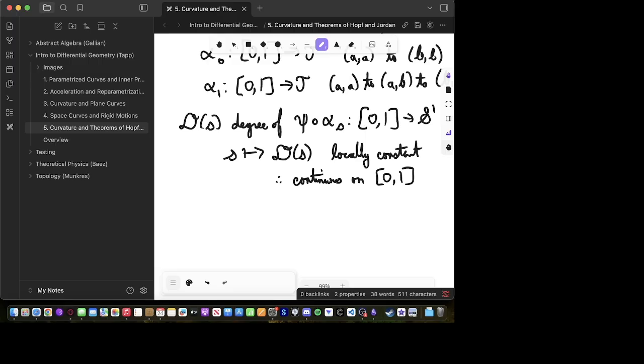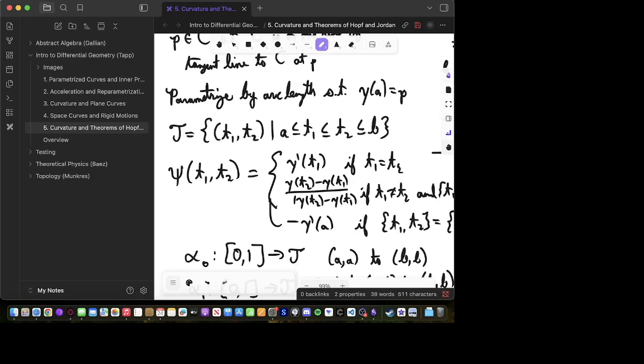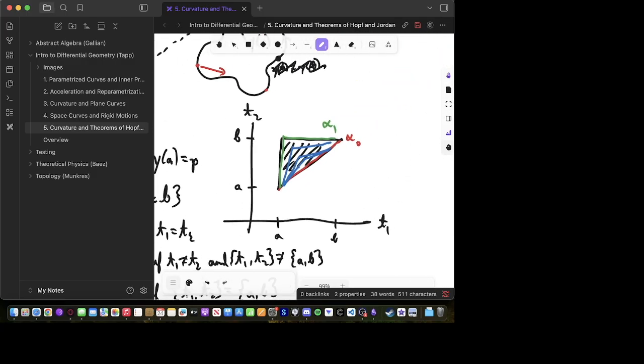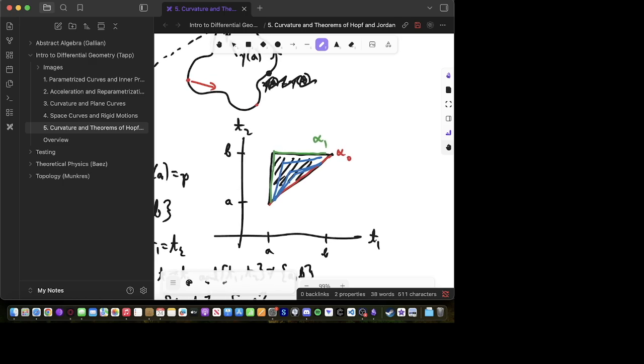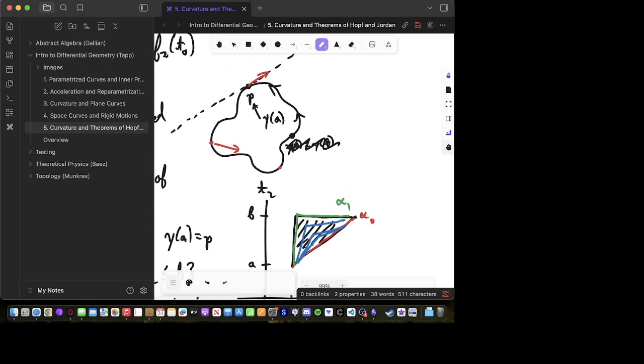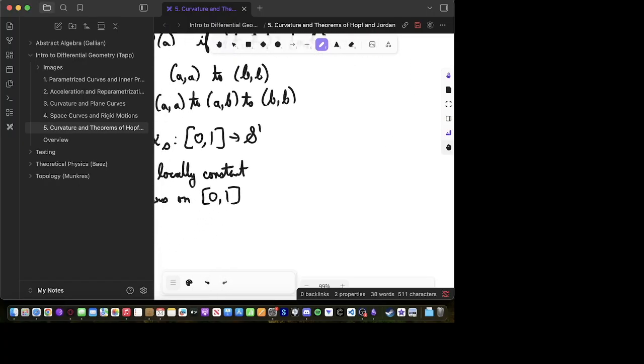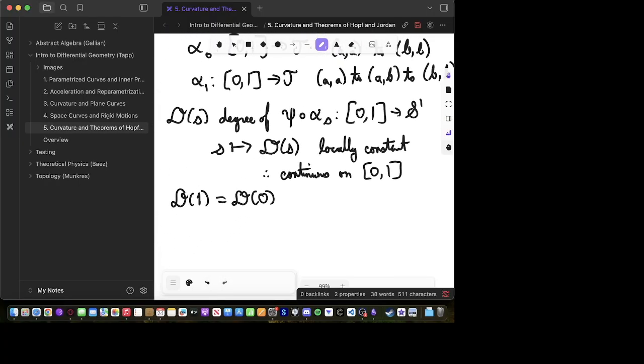So the degree where s is 1 would be equal to the degree where s is 0. I know it's kind of tricky to follow because there are multiple layers of abstraction we're dealing with here, but just bear with me and we'll end up with something soon.